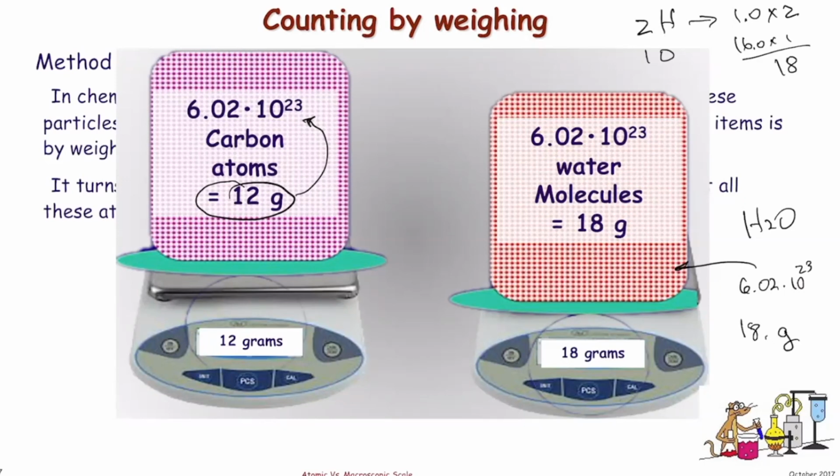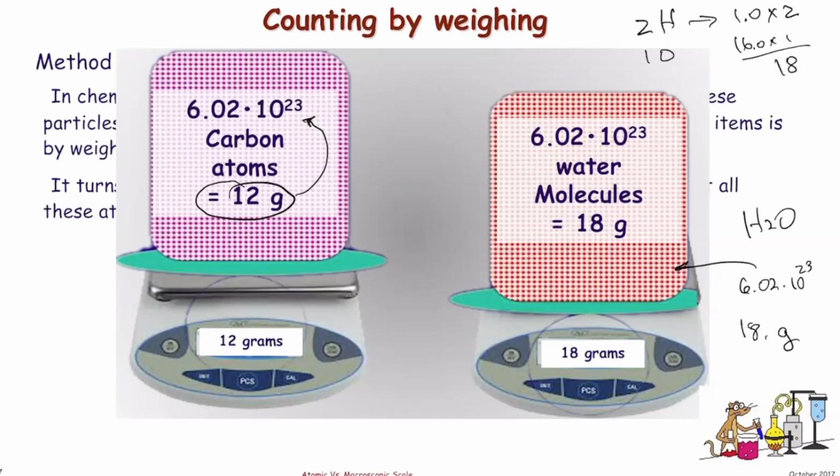A carbon-12 atom has a mass of 12 atomic mass units. If you put 6.02 times 10 to the 23rd carbon atoms on a scale, it would weigh 12 grams. So you see how we can convert the atomic scale, AMU, to our scale, grams, if we use this 6.02 times 10 to the 23rd value.